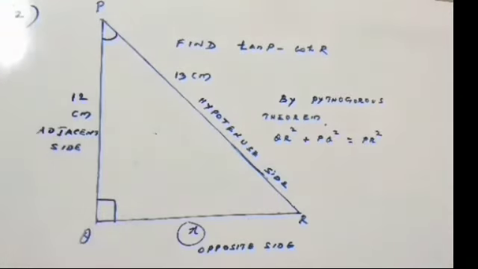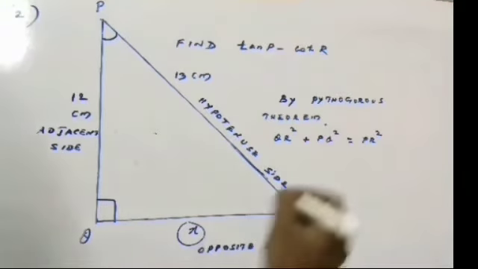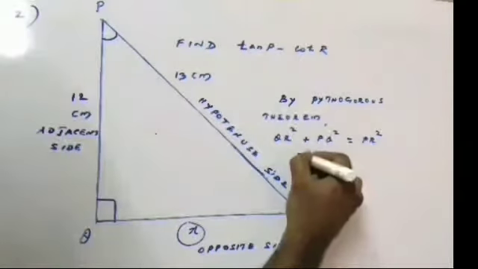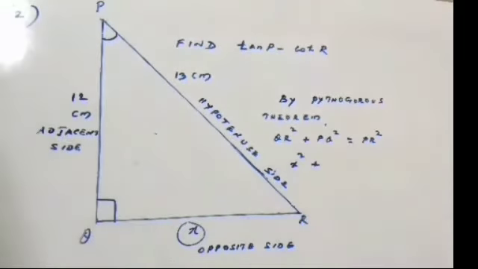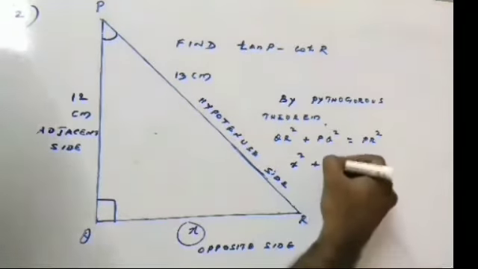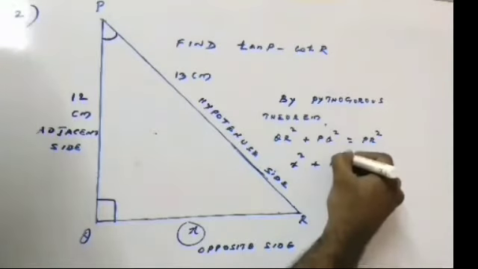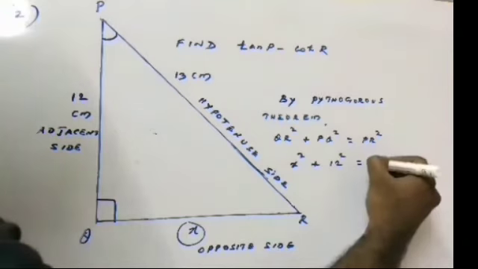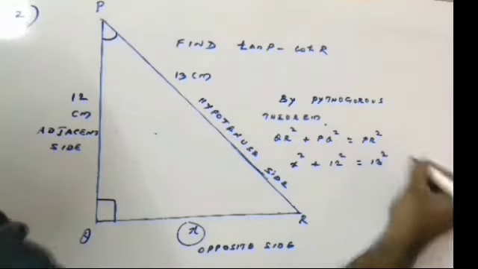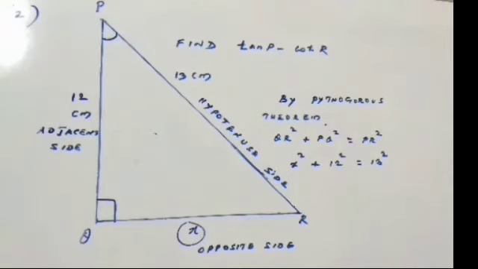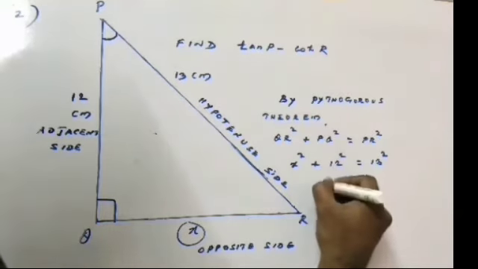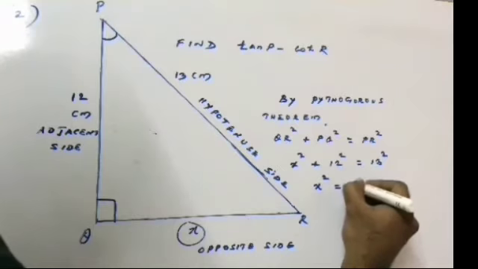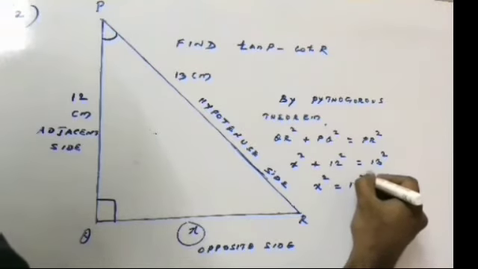Now for QR, you just put x square. For PQ, that is 12 square. For PR, 13 square. Now we need the value of x. So keep x square in left side. Now 13 square.